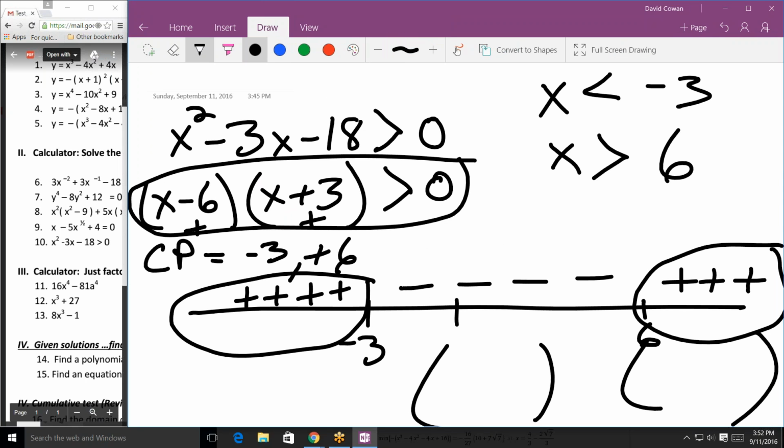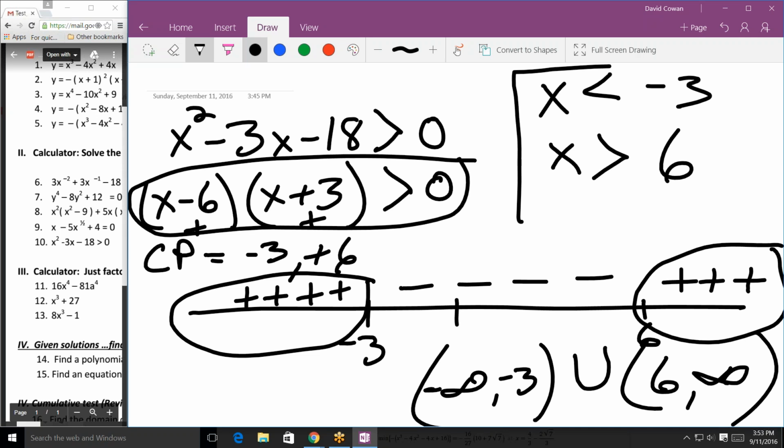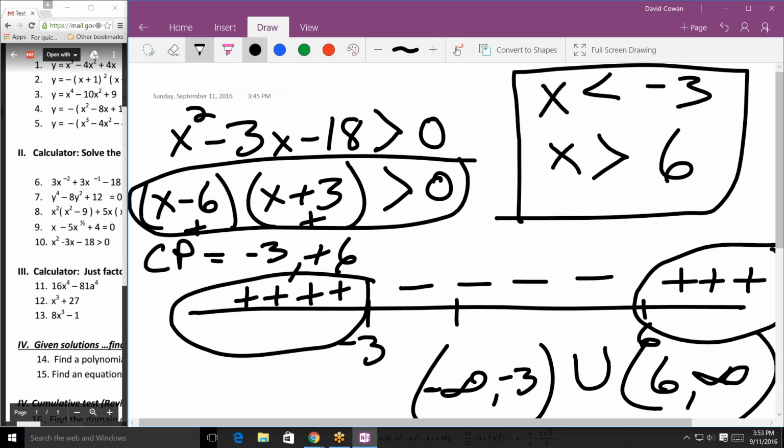No. Interval notation would be x is less than -3, so I can go all the way from -infinity to -3, in union with 6 to infinity. In other words, this interval notation covers those intervals.